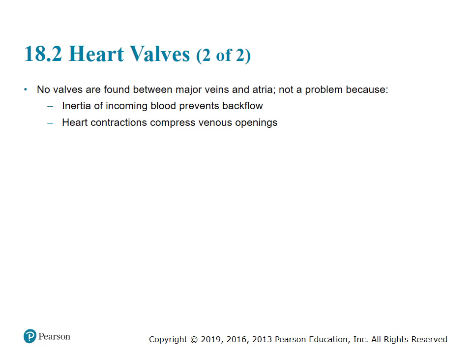Okay? So no valves are between the major veins and the atria. The reason why is that you won't see, for example, valves between the inferior and superior vena cava and the atria, right? Because inertia is occurring.